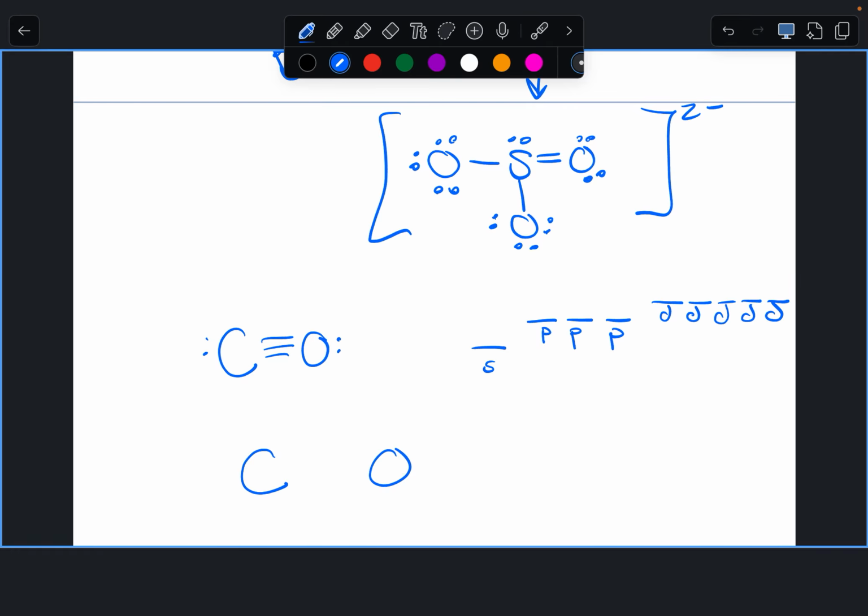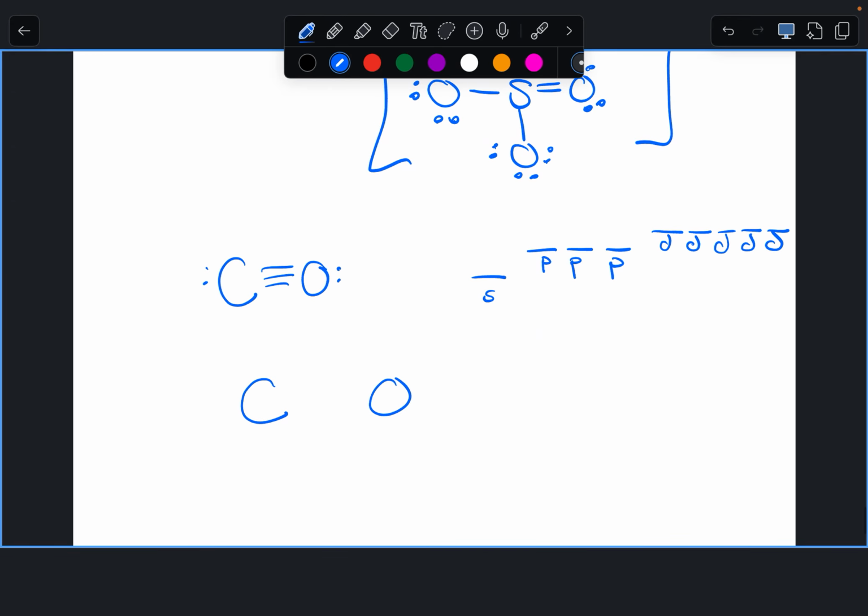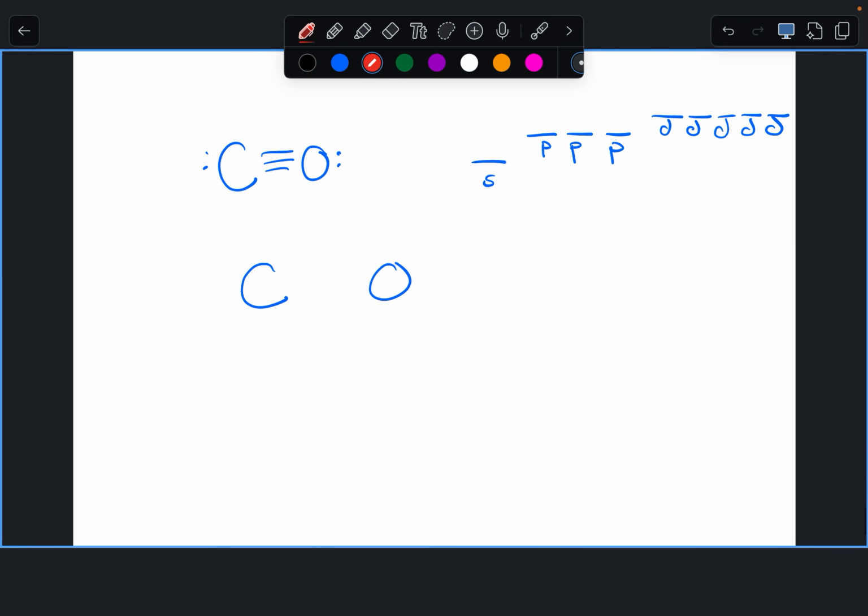So we take however many... in fact, I'm going to write this down. We count up the number of regions. That same number of regions is how many orbitals we're going to mix together, or use to make new orbitals.